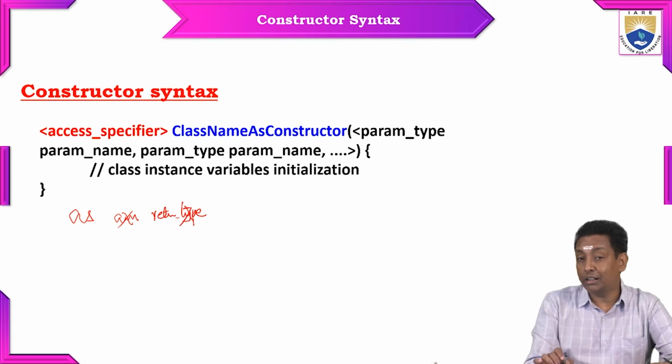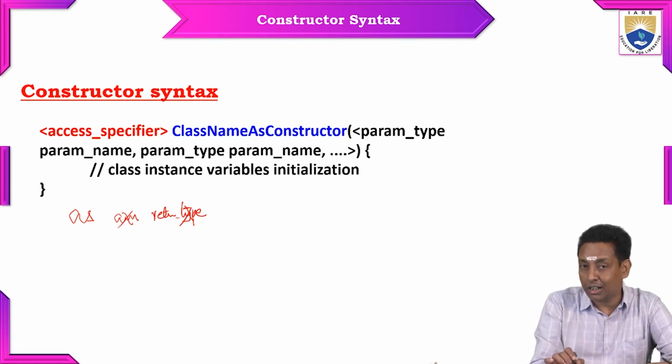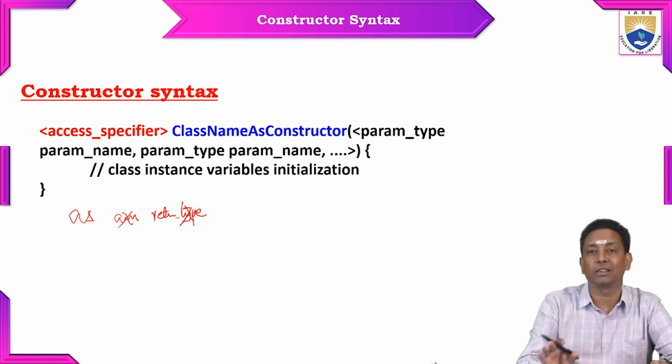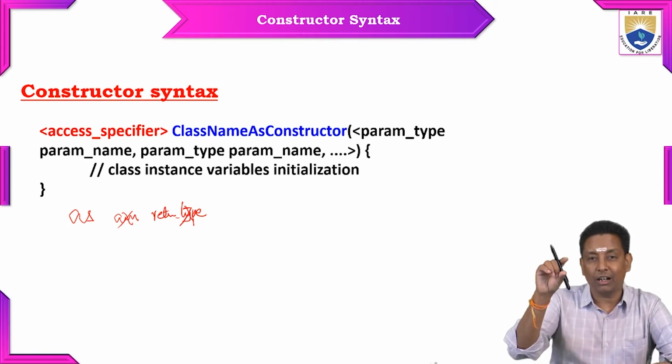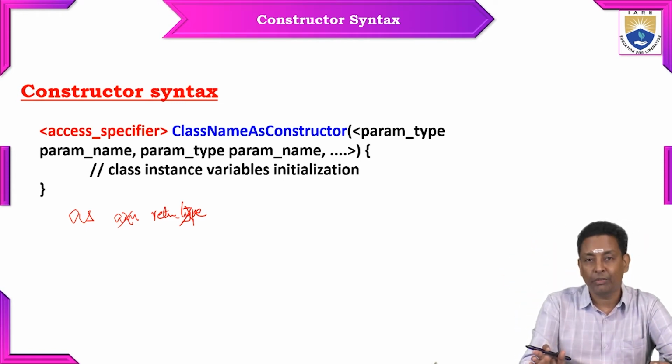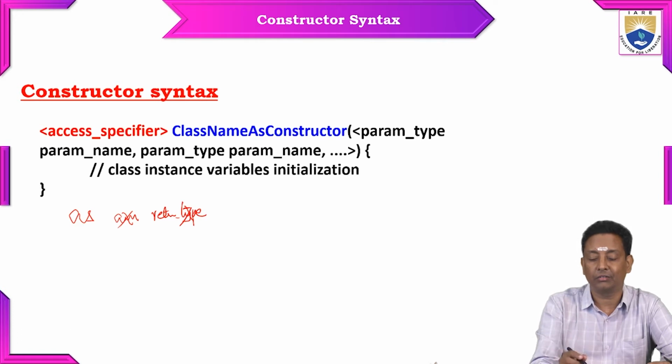Actually, we shouldn't say there is no return type; the constructor return type is the class type itself. That means in the Employee class, the constructor return type is Employee type itself. In the Student class, it is Student type itself. So the constructor's implicit return type is the class type itself. Hence we should not write any return type to the constructor.